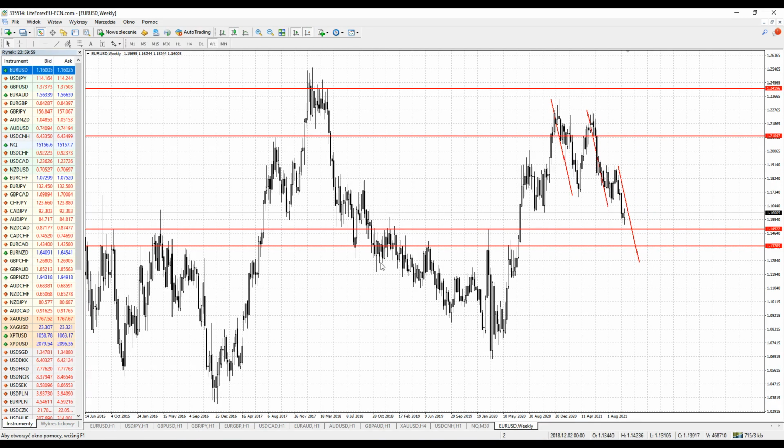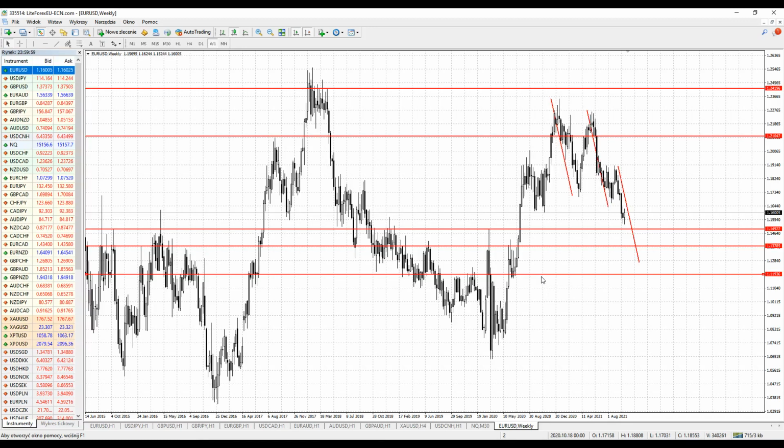We are on a weekly chart, and if we are talking about some kind of breakouts, breakdowns, we see exactly that the latest breakout was from here, right? So in that case, let's have a look what we have here. Boom.